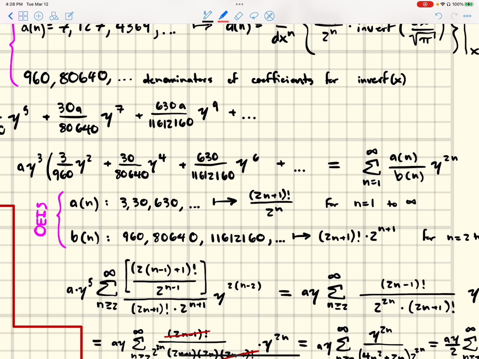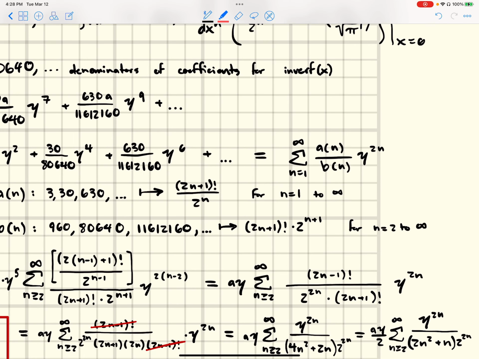And the denominator terms, the 960, the 8640 terms, so on and so forth, can be expressed as (2n plus 1) factorial times (2n plus 1), if you start at n equals 2 and go to infinity. So to make these match up, obviously you have to decrement one of the two terms, which I do below.